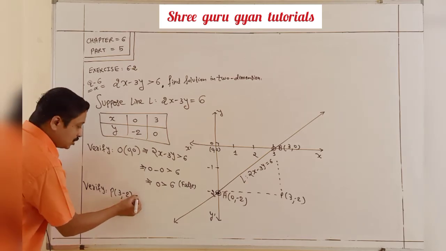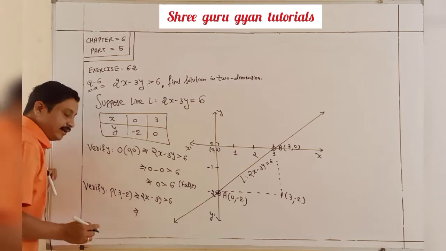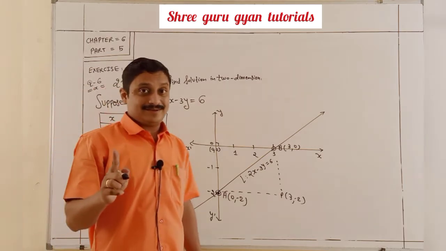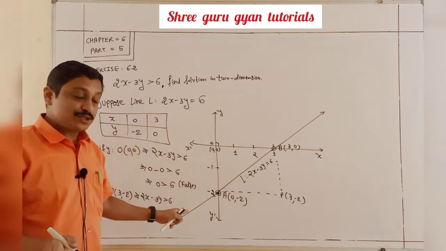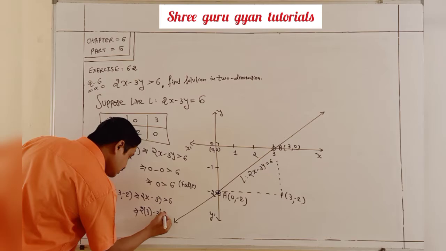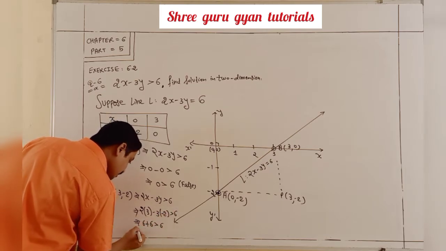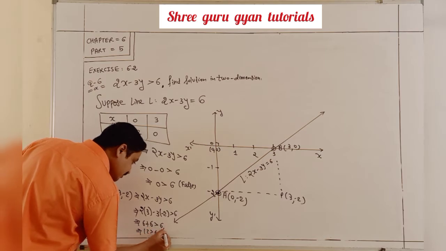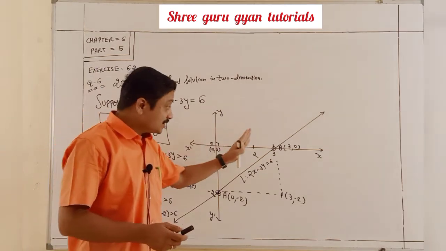And on the inequality, you must make the shading on the true side. The origin side is false, so I am going to the true side. Here 2 times x is 3, y is minus 2. It is 6 plus 6, yes, 12 is more than 6. This is true. It means your shaded portion must be this side.